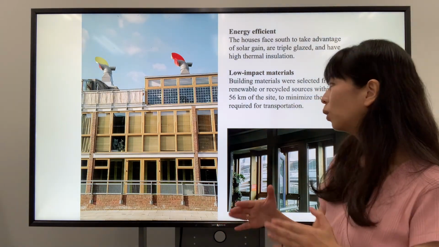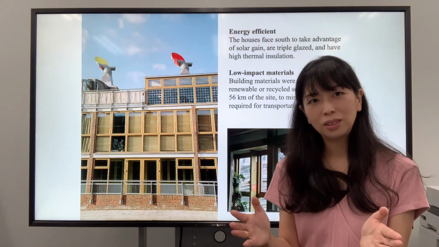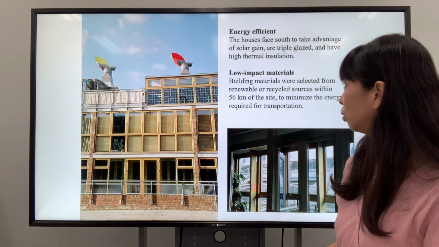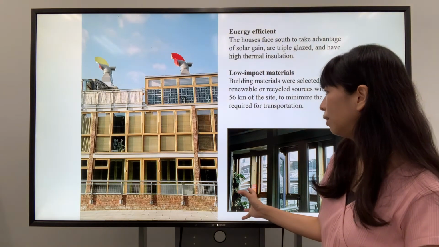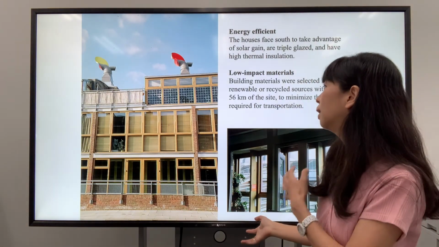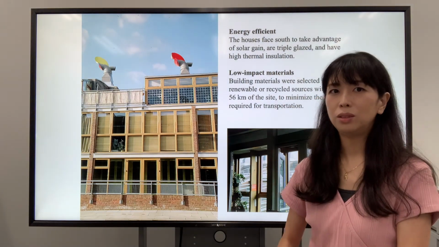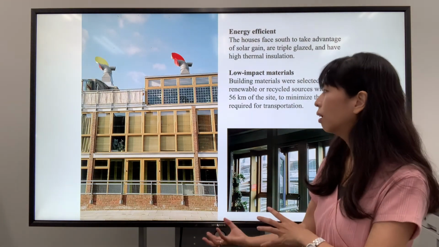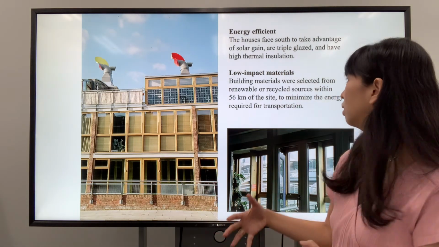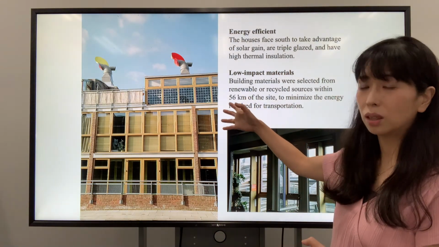So 60 kilometers is one of these threshold numbers that you should pay attention to. Having that in consideration, because this is based on ecological footprint, all the materials used to construct the buildings were produced and purchased within the 56 kilometers.